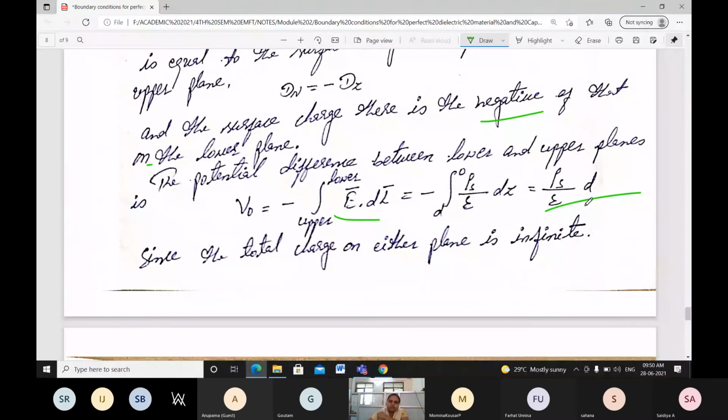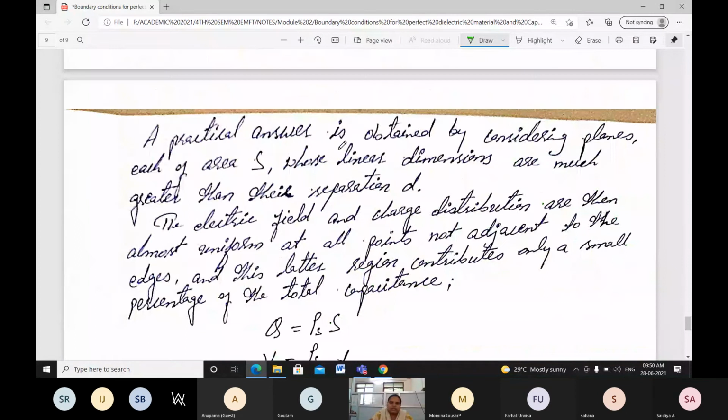So based on this, we can tell that since the total charge on either plane is infinite, this is the theoretical way. A practical answer is obtained by considering planes of area S, whose linear dimensions are much greater than their separation d.